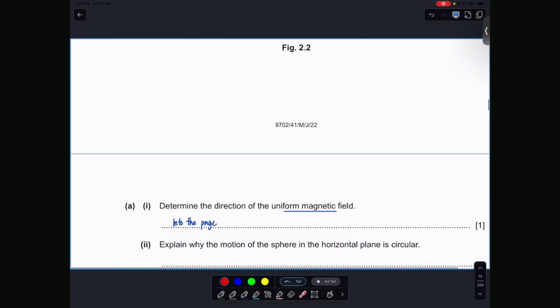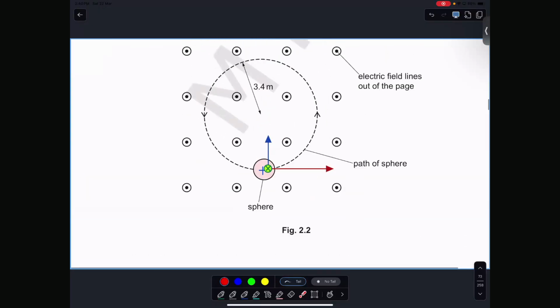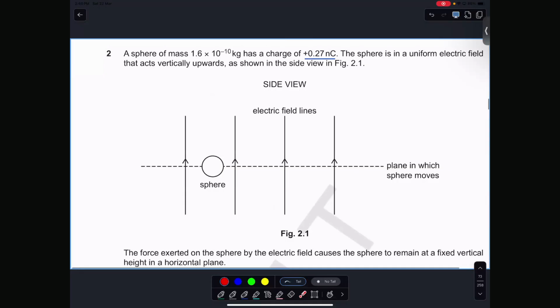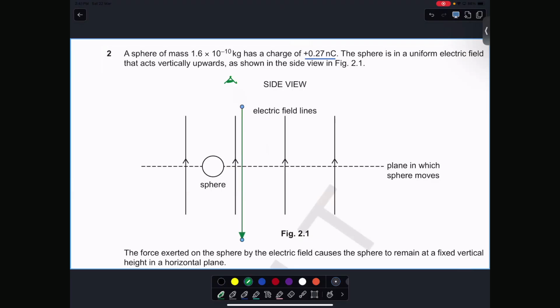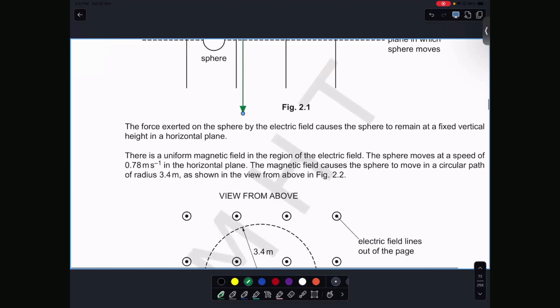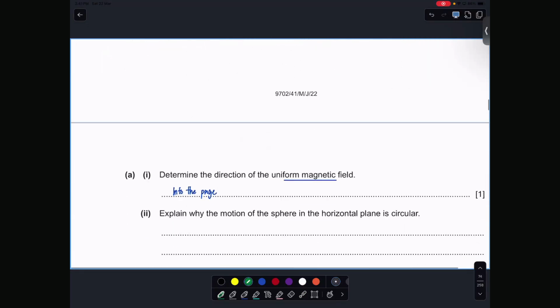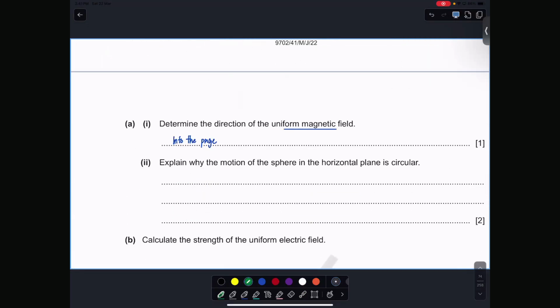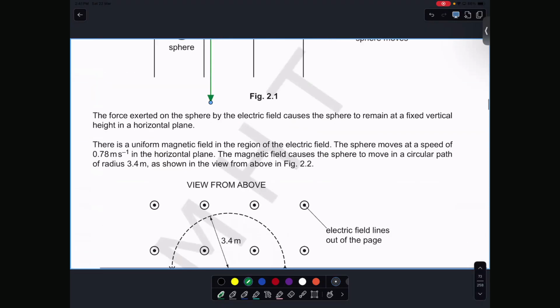The answer is into the page, but the correct answer is that they refer to this diagram. Since you are viewing from here, our answer comes out as into the page, which means if it goes this way, which way are the lines pointed? Downwards, so they allow downwards. Yeah, you could say that. Into the page, yeah I think so, because the thing here is they didn't say according to which diagram we should answer.